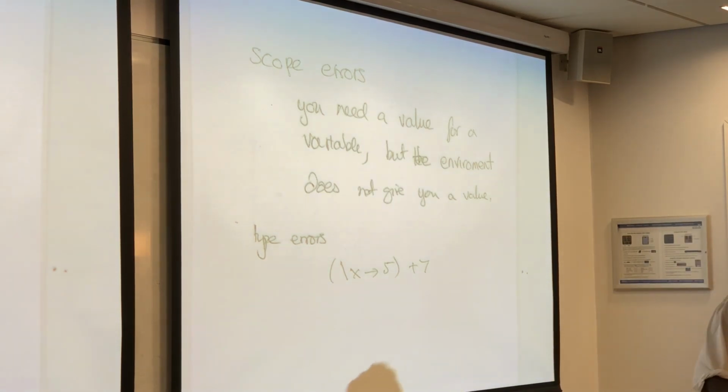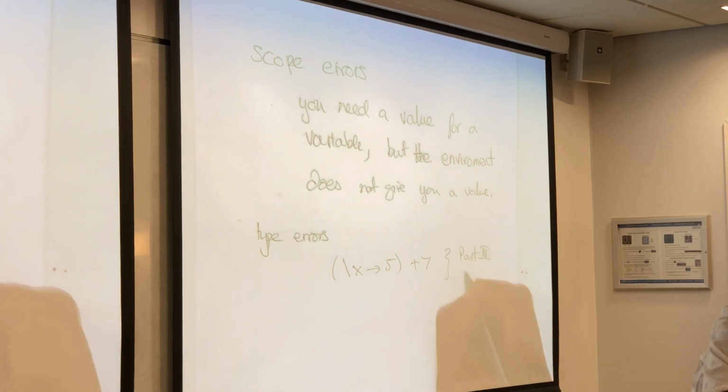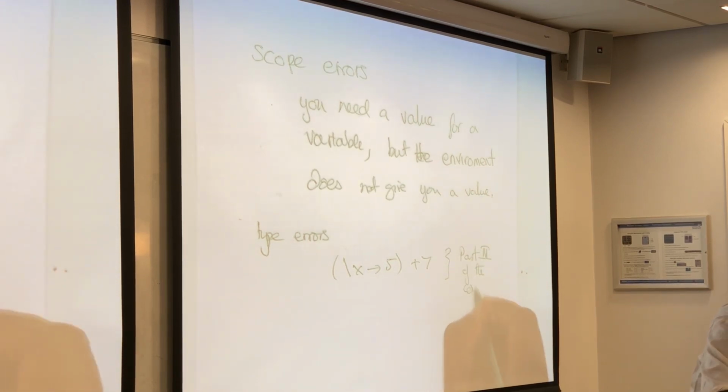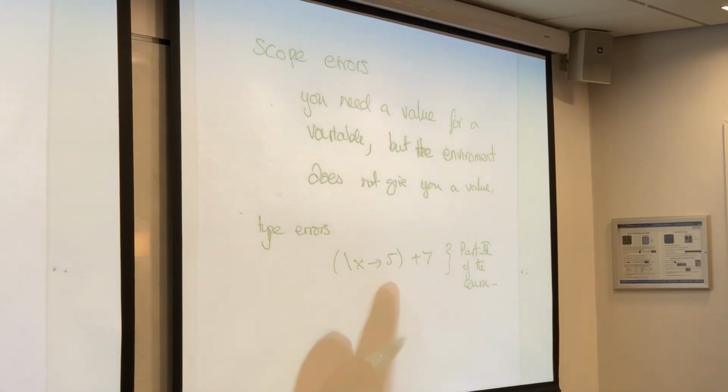So that's what we're going to be doing in part 3 of the course: how to avoid these errors. Part of the goal of programming language designers is we accept that programmers can make errors, but we want to help them to avoid it. So we'll figure out ways to avoid this kind of error automatically.